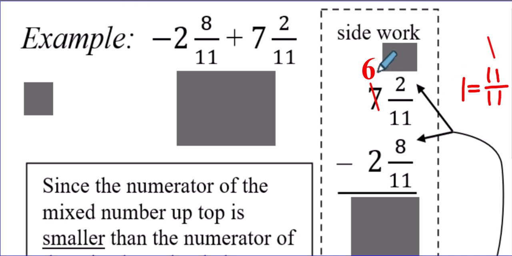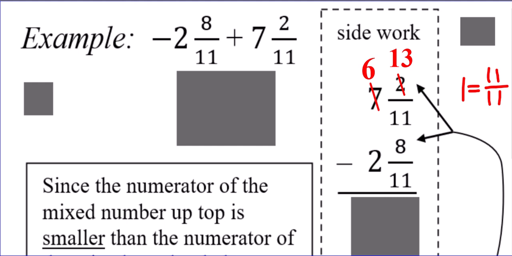So, the one whole that I borrowed from this whole number is now converted to 11 out of 11, and I can add that 11 out of 11 to the 2 out of 11, and that is going to give me 13 out of 11.